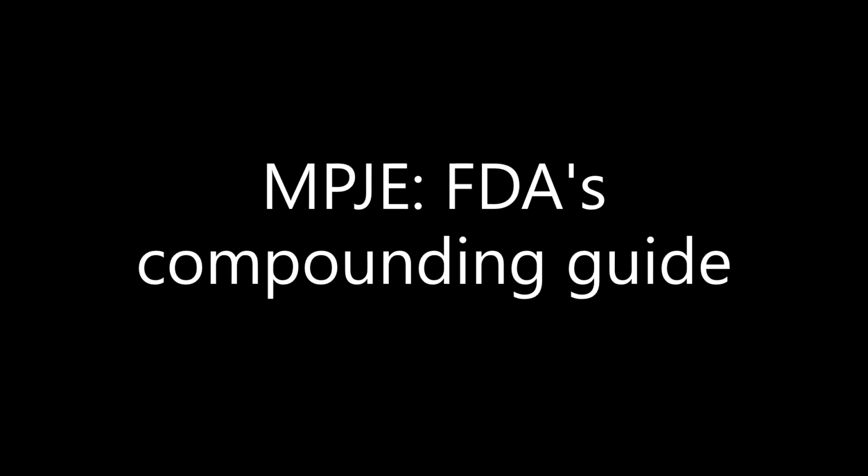Basically, under section 503A, you are exempt from 501A, exempt from 502A, which is labeling of drug products with adequate directions for use, and 505, concerning the approval of drug products under the new drug application. So you don't have to approve these drug products.